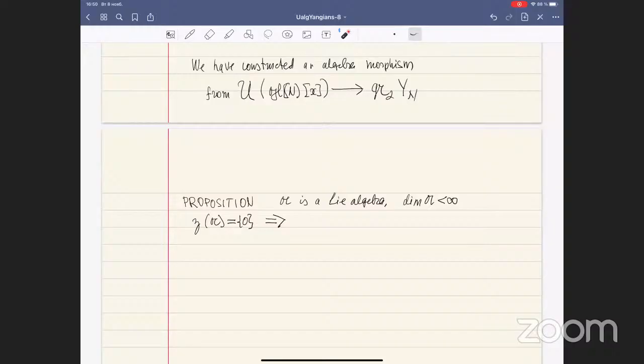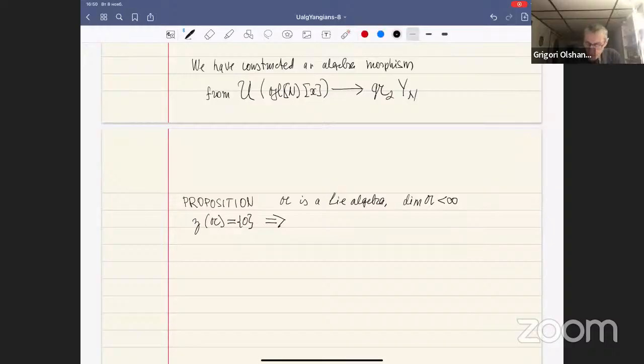Okay, so what is the claim? The claim is that if the center of A is trivial, then the center of the universal enveloping algebra, not of A, but of this algebra, is also trivial. Maybe I should introduce the terminology.